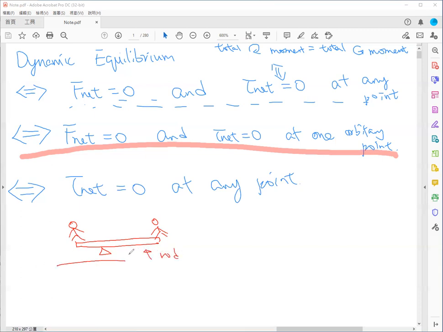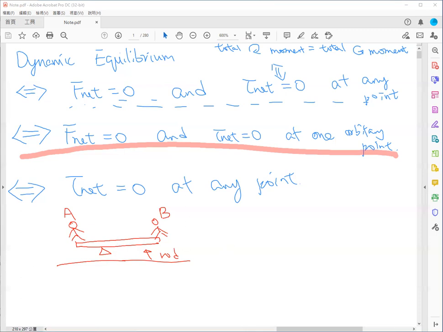Can you tell me which guy is fatter, A or B? I think all of you should get the correct answer. A should be fatter. So how can we prove it?